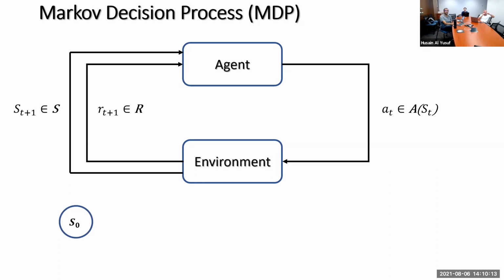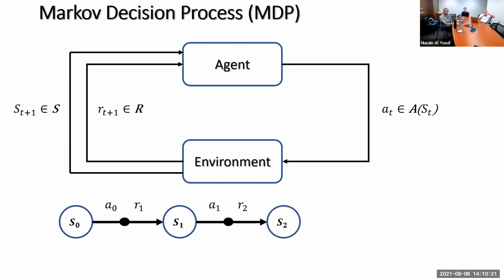So you are in state 0, then you take an action and you get a reward, and you transfer to state 1. It's the same again: you are in state 1, you take action 1, the agent gets a reward, and you become in state 2, and that's it.